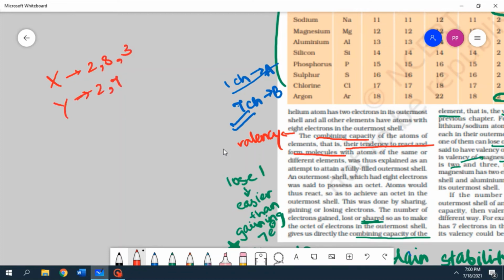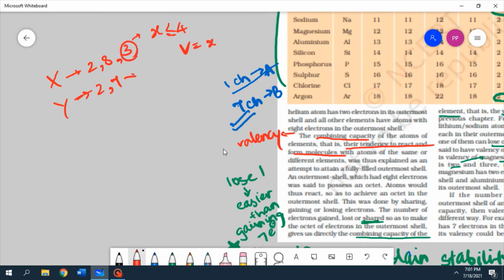Alright, so if the outermost shell of the atom has a number X that is less than or equal to 4, then the valency would be equal to the number of electrons in the outermost shell.